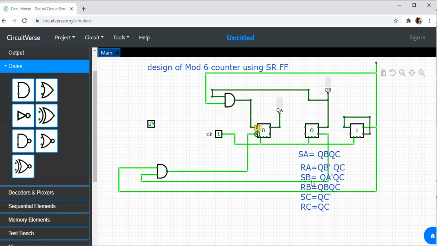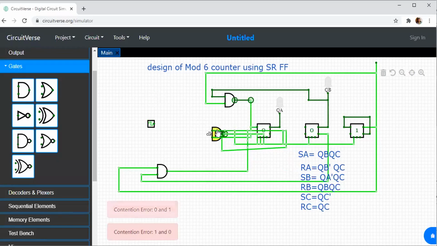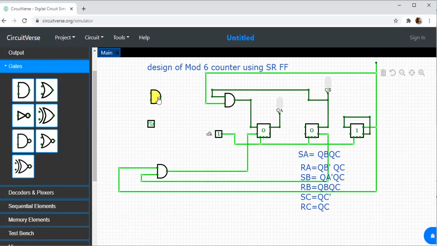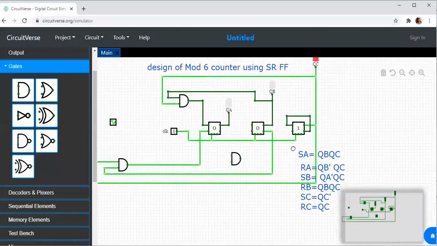Next, what is my SB? SB is equal to QA bar into QC. Again, make a connection for SB. So SB is equal to QA bar. So I have QA over here. Let me keep it over here. Because it is anyhow my RA.